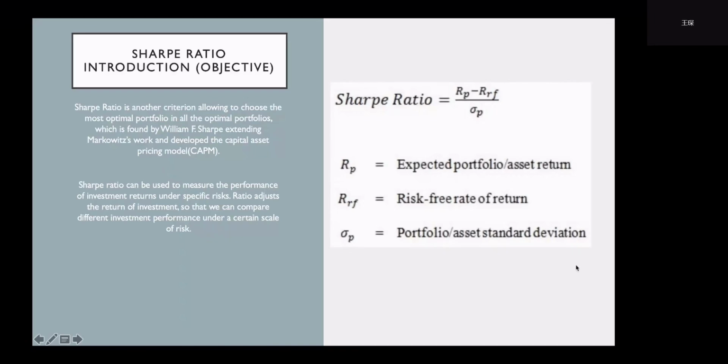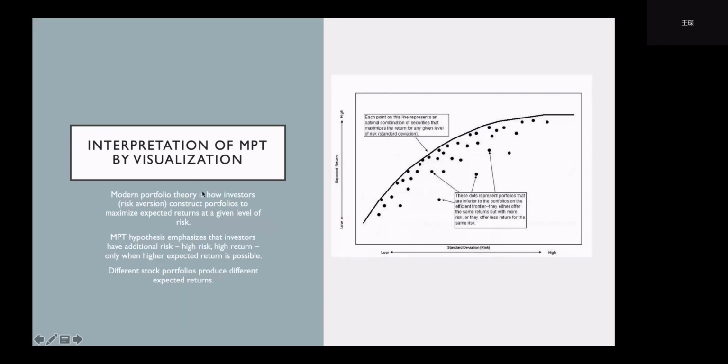So this is a clearer interpretation of the MPT by visualization. MPT stands for modern portfolio theory, which is how risk-averse investors construct portfolios to maximize the expected returns at a given level of risk.